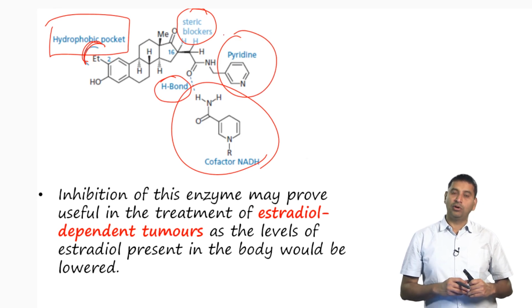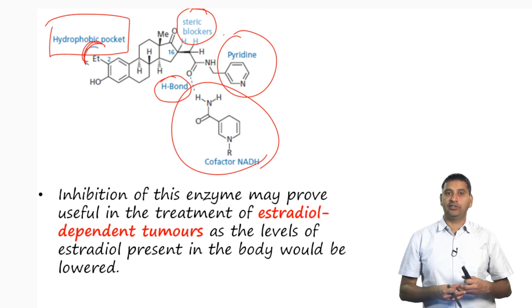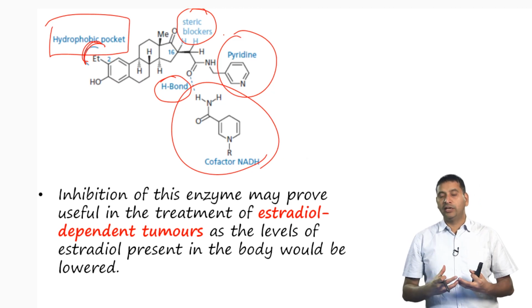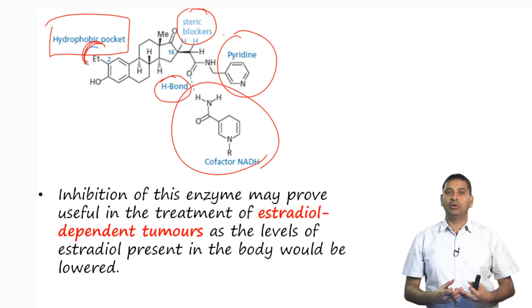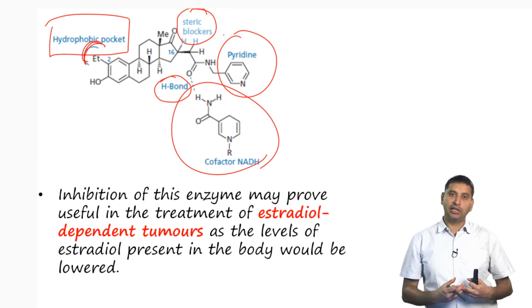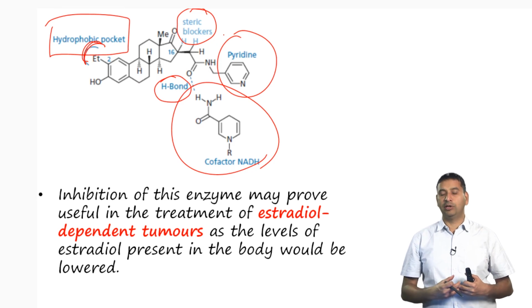So, this compound was designed to help with inhibiting this enzyme. By factoring in extra interactions that could potentially occur, we could design a better compound. This compound has been used as a candidate for the treatment of estradiol dependent tumors.